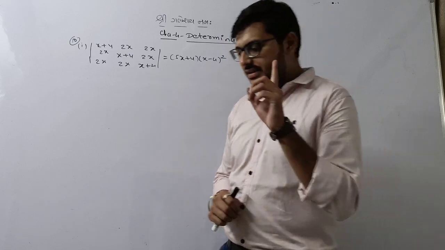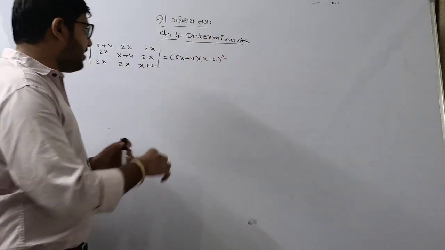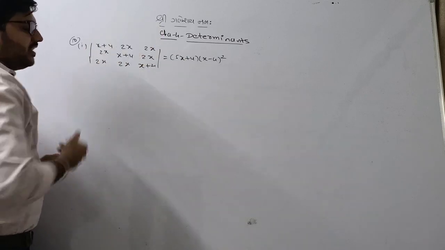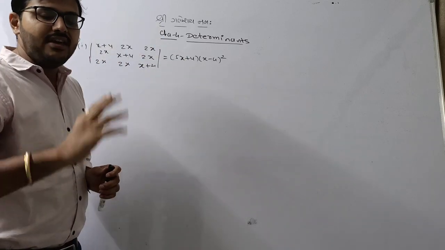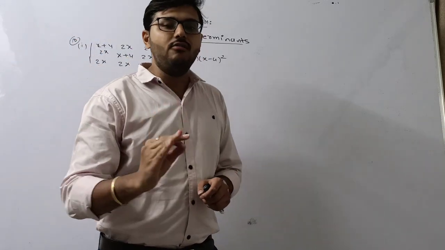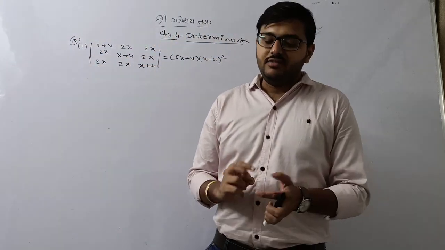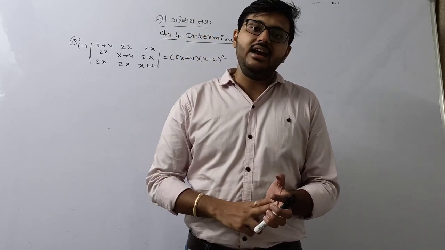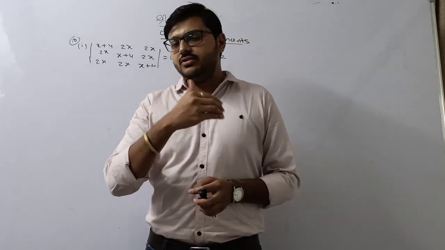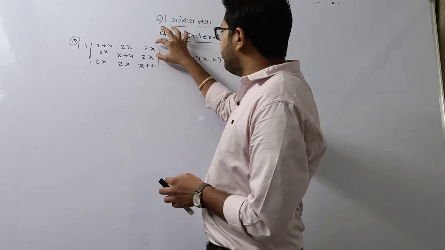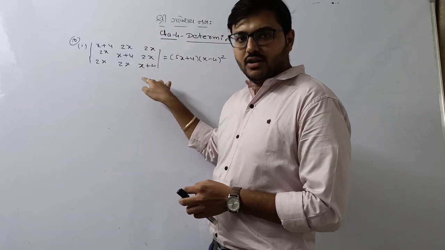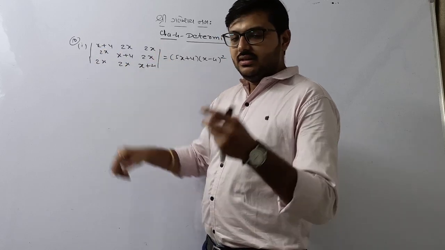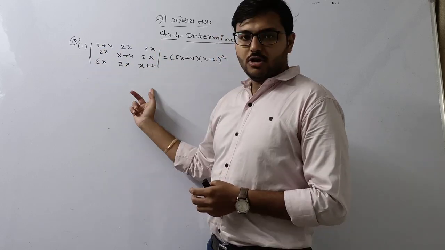You can just check all rows and all columns, and you find that it's a symmetric form. Now you can use any two rows. Either I can go with first and second and add in the third one, or I can go with first and third and add in the second one. The same thing you can apply in the columns also.